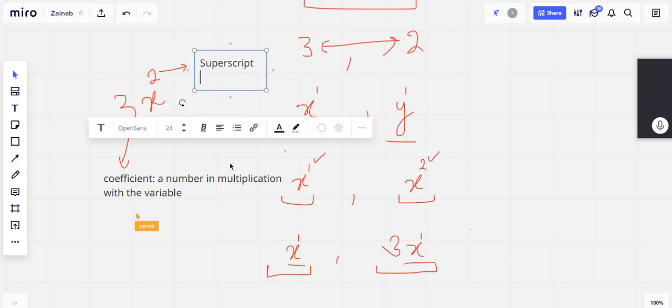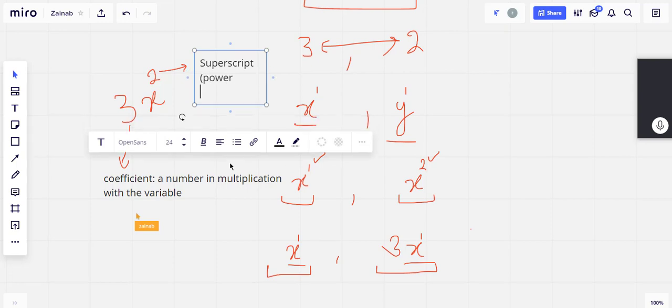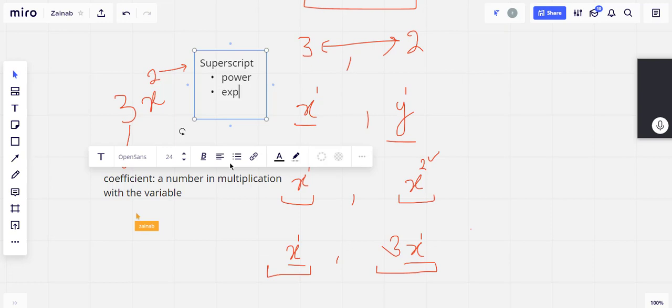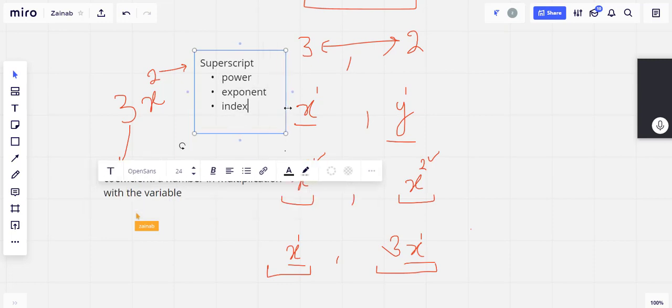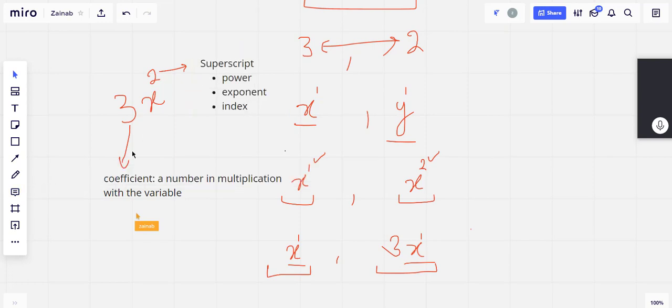And whatever we write in superscript is called power, or you can say exponent or index. It's the same thing, it just got 3 names. You can call it power, exponent, or index. All the 3 names are correct.